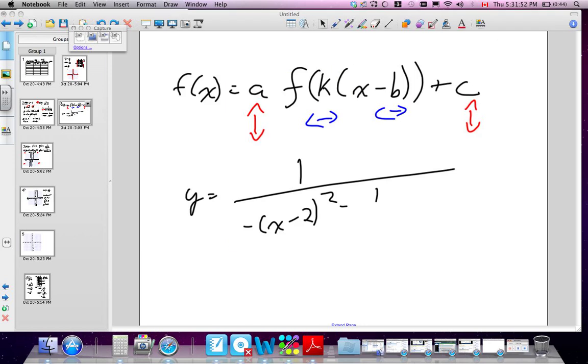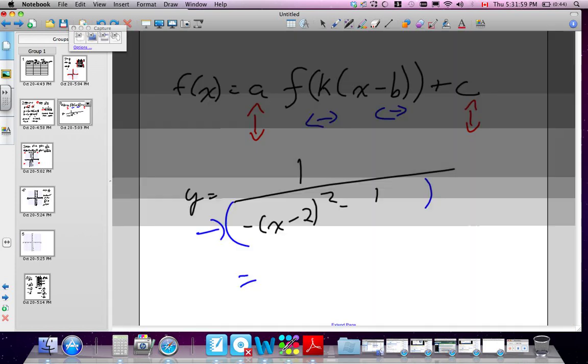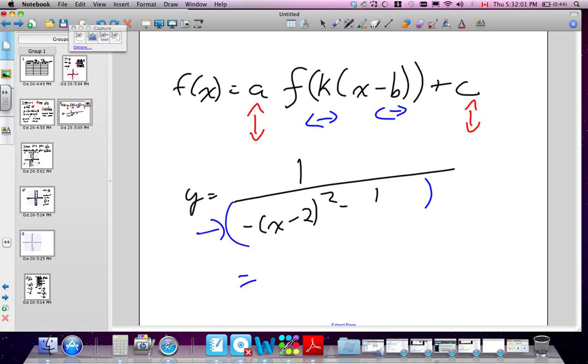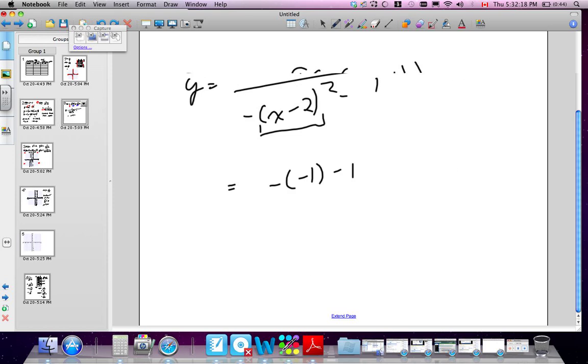Okay, so we have this function. Now we know the bottom part of this function can never equal 0. So let's assume we figure out what this number is. Let's get rid of the x minus 2. If this number itself is negative 1, we have a negative sign, minus 1.